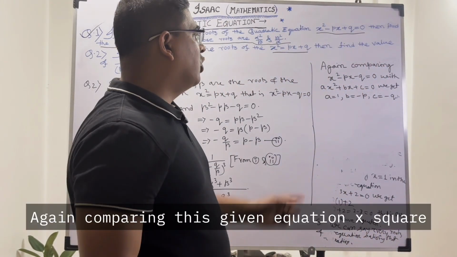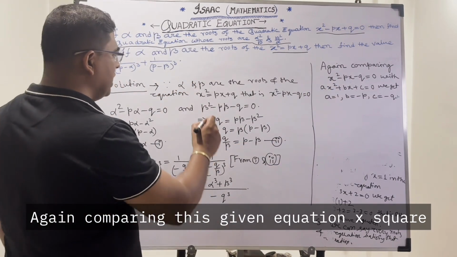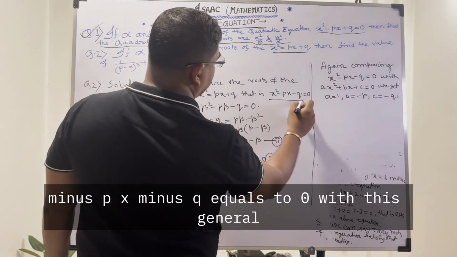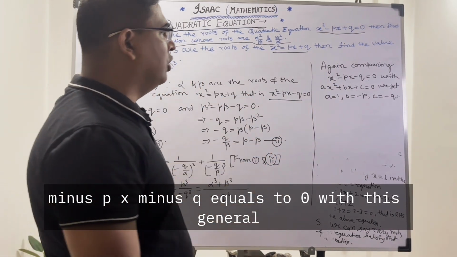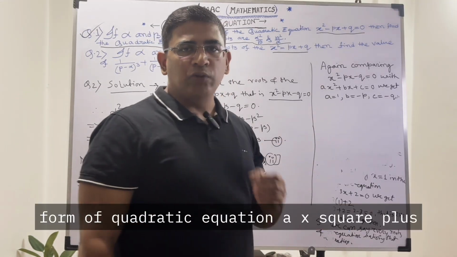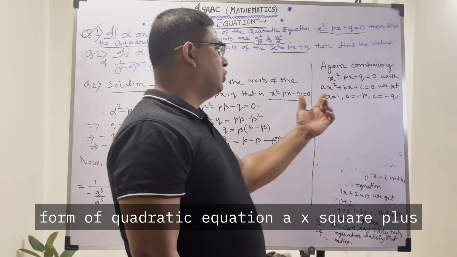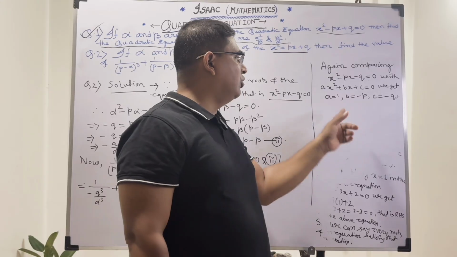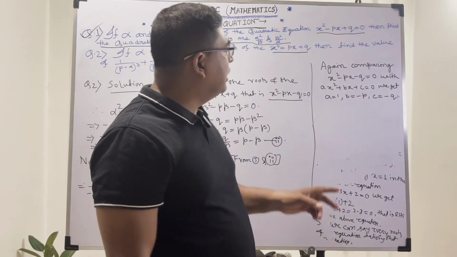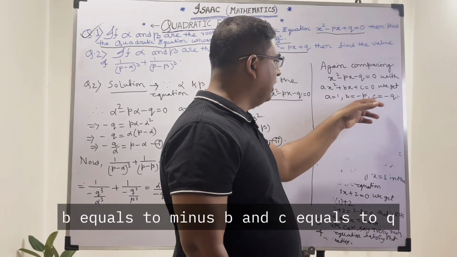Okay. Again, comparing this given equation, x square minus px minus q equals 0 with this general form of quadratic equation, ax square plus bx plus c equals 0, we get a equals 1, b equals minus p and c equals minus q.